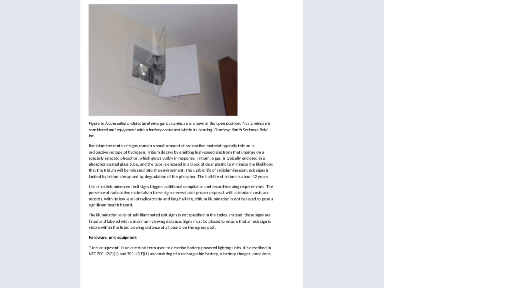Consisting of a rechargeable battery, a battery charger, provisions for connecting attached or remote lamps, and means of powering lamps from the battery when the normal supply is unavailable. So the term covers both illumination fixtures and exit signs.